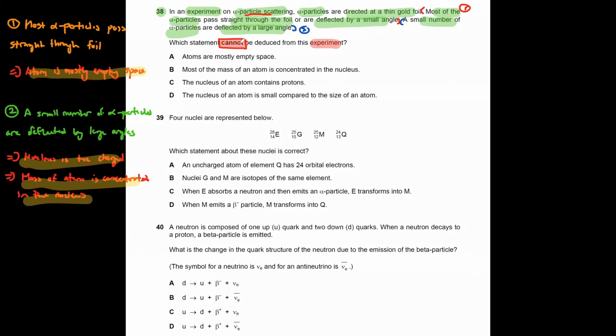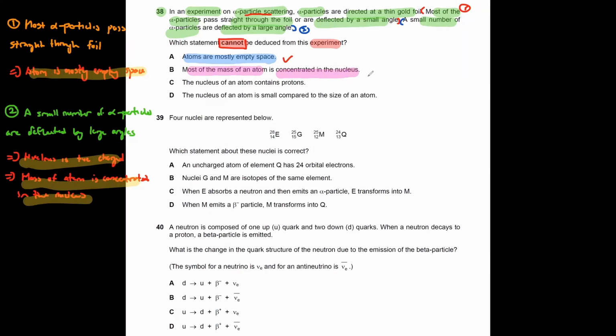So let's look at the answer statement one by one. The atoms are mostly empty space for A. This is actually correct. And then most of the mass of an atom is concentrated in the nucleus. This is also correct.